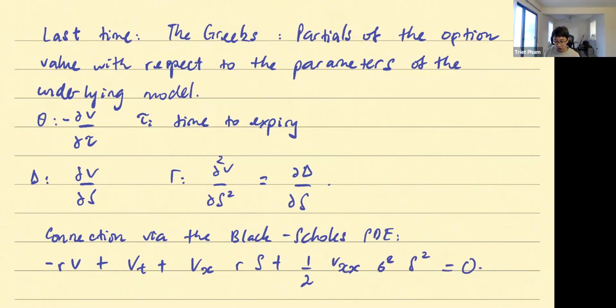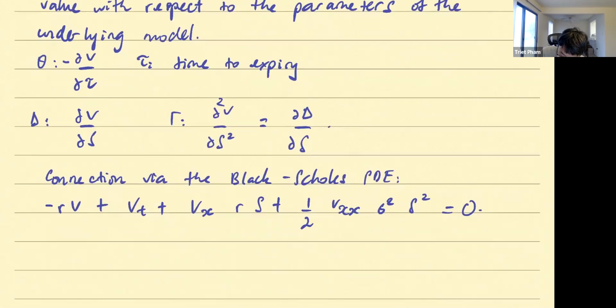Here V sub t is what we mean by theta, V sub x is the delta, and V sub xx is the gamma.